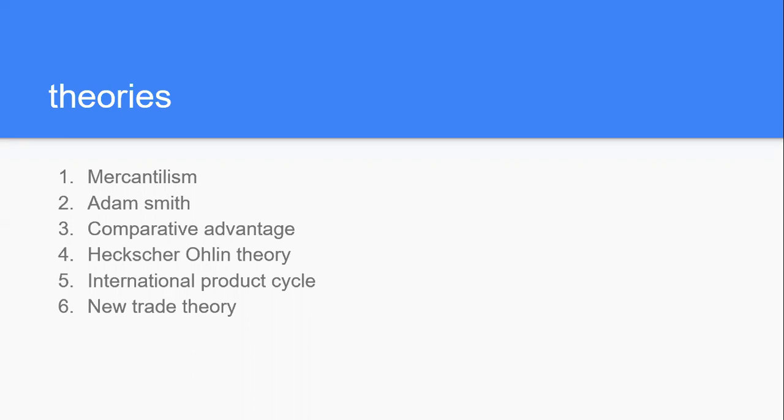One was company strategy, structure, and rivalry: the strategies that the company is employing to expand or grow their business, and the level of rivalry within a particular nation. The second factor was the demand condition, the demand of a particular product within a particular region.